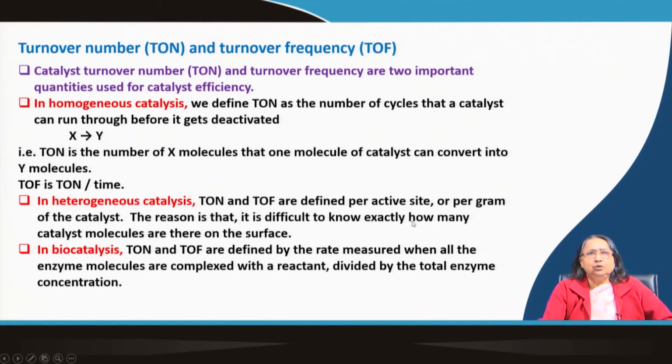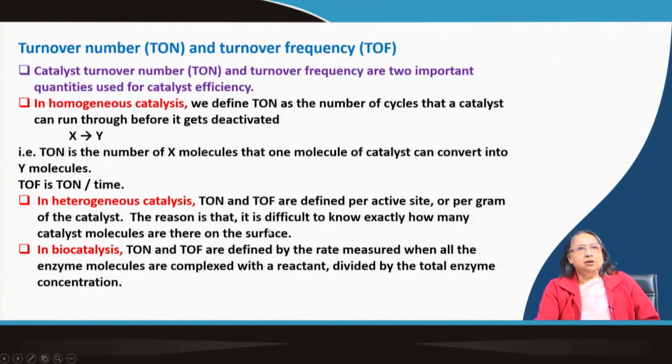It is difficult to know exactly how many catalyst molecules are there on the surface. That is why it is defined in this way, per gram. How many sites there are is also very difficult to know. Per gram is easier, most of the cases we see per gram.